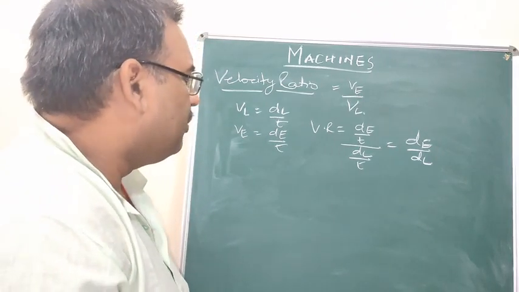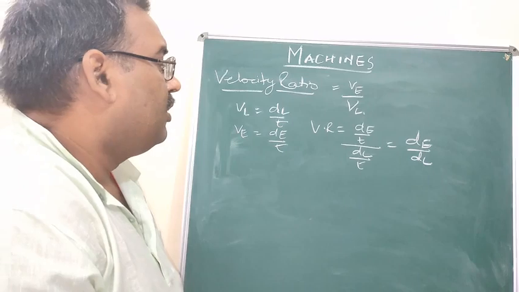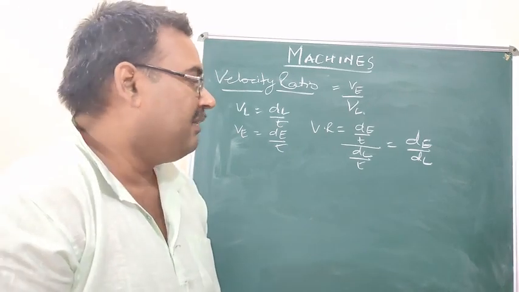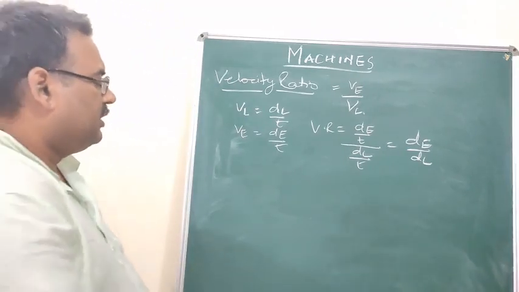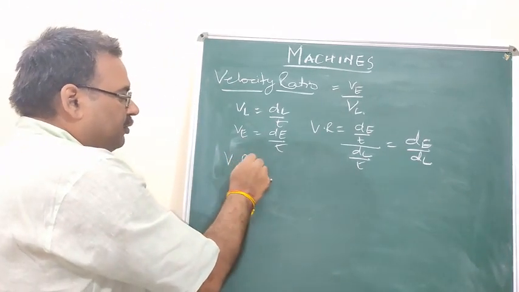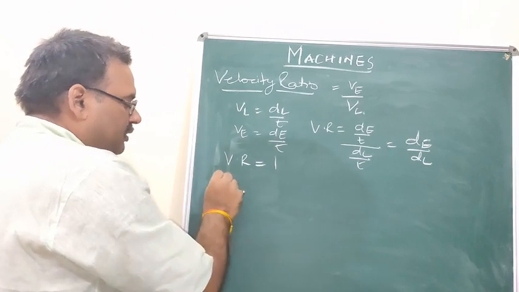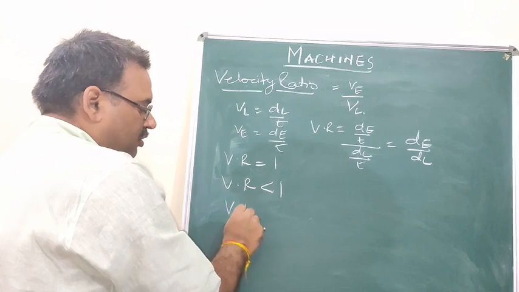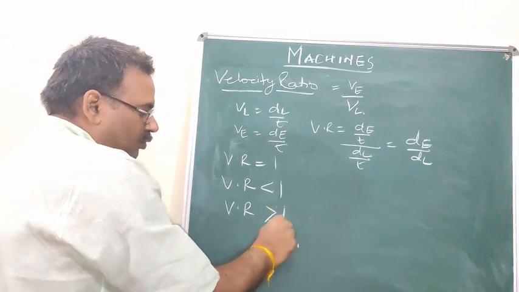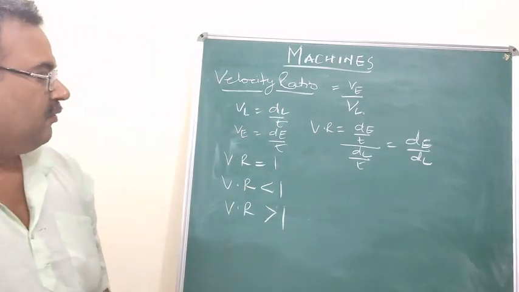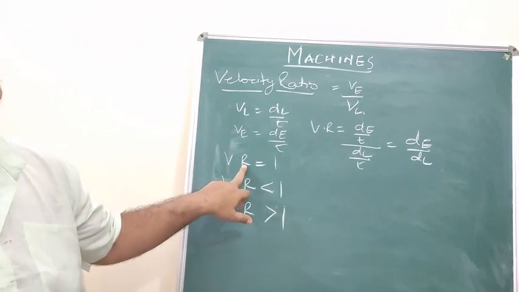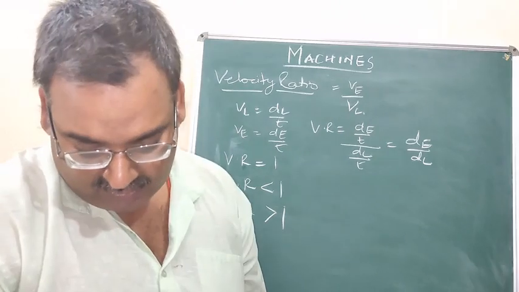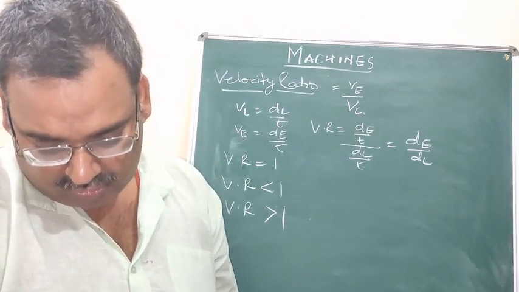For velocity ratio to be equal to 1, dE should be equal to dl.